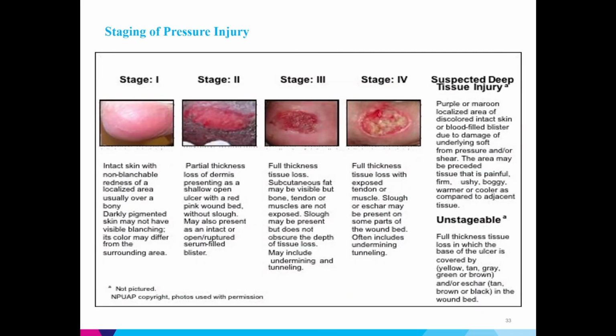And when a pressure injury is at stage 4, there is a full thickness loss with exposure of the tendon or bone.